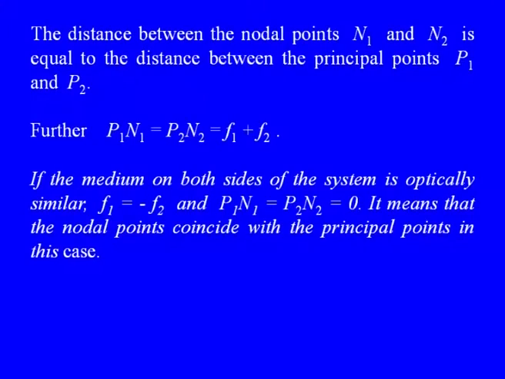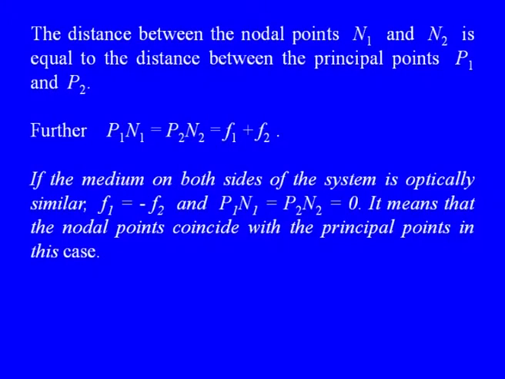Now, the distance between the nodal points N1 and N2 is equal to the distance between the principal points P1 and P2. Further, P1N1 is equal to P2N2, which is equal to F1 plus F2. Now, if the medium on both sides of the system is optically similar, F1 will be equal to minus F2, and this means P1N1 is equal to P2N2 is equal to 0.